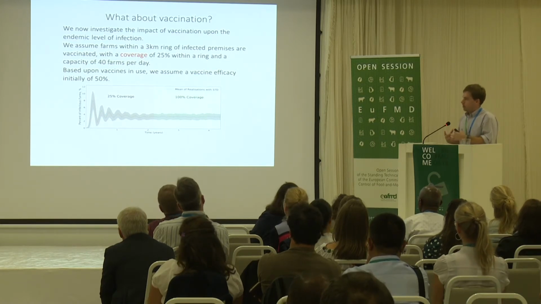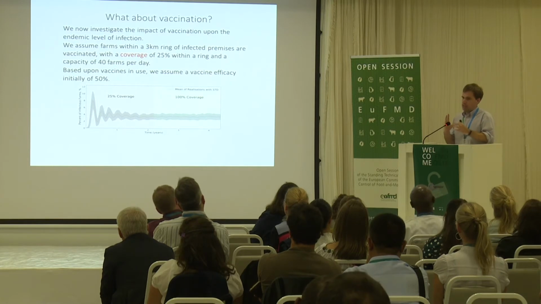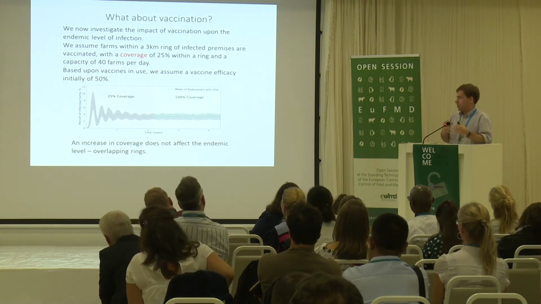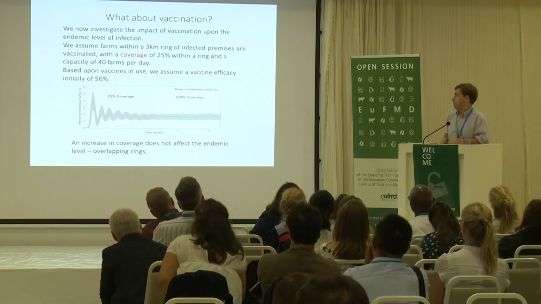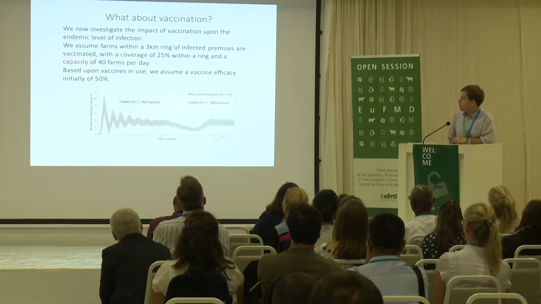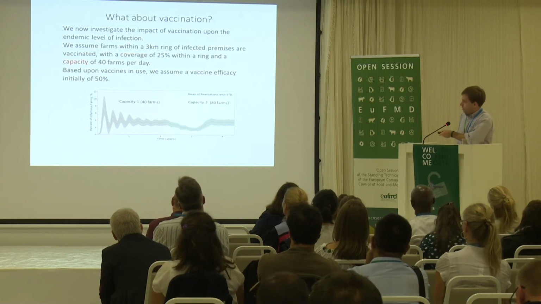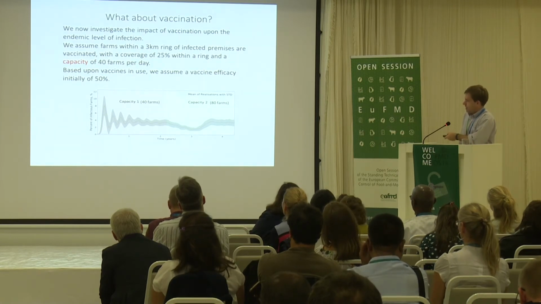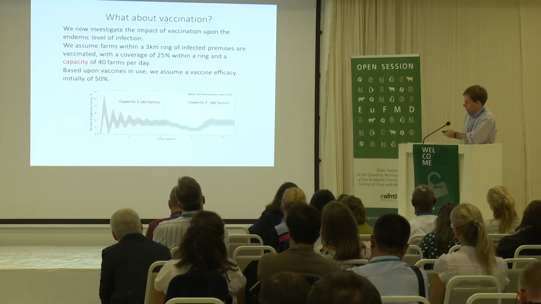And then what we realised was that a lot of the infections were concentrated locally. We were getting a lot of rings overlapping each other, and so we believed that actually we were getting higher coverage than we thought we were, which is why this doesn't work so well. And then if we look at increasing our capacity, so here we switch from 40 farms a day to 80 farms per day, initially we seem to do quite well and reduce the level of infection, but then we get this very odd bounce back effect.